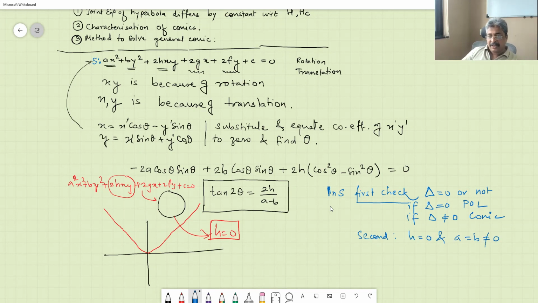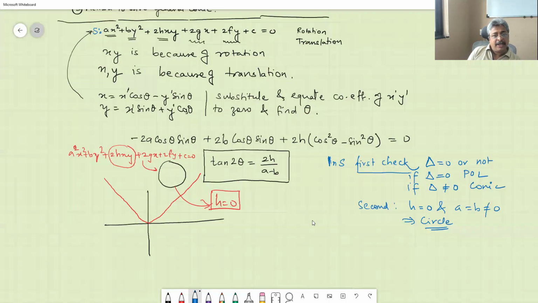This is our 9th standard stuff, a circle. Because you can always complete the square and shift the origin. Eventually, the second step that we are discussing, shift the origin to the center, and you can get it in center-radius form otherwise also. So these two things are done first.